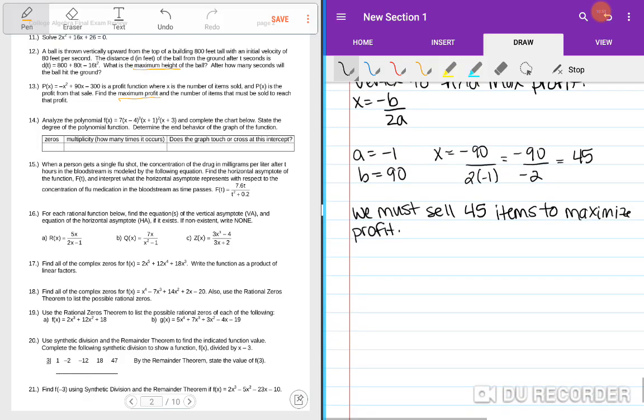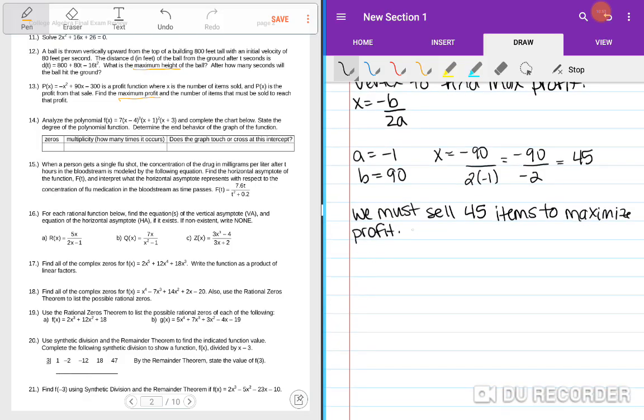And then the maximum profit would be, let's plug in. So P of 45 equals negative parentheses 45 squared plus 90 times 45 minus 300.